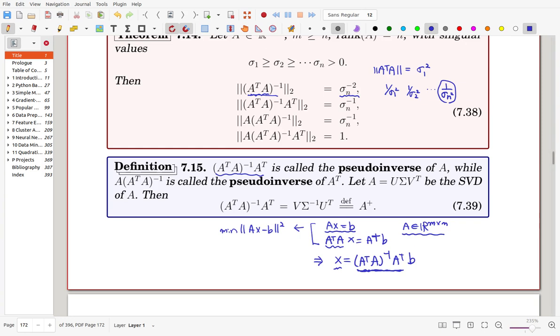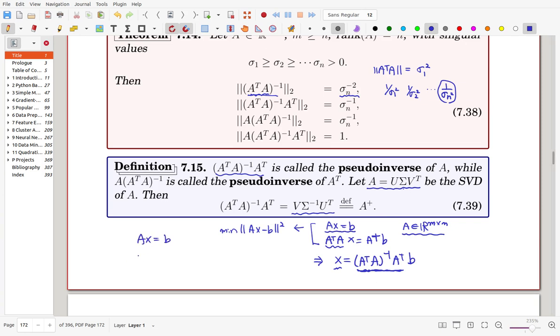Now, if A is given in this way from the singular value decomposition, then we put it into A transpose A inverse A transpose, and then you can reach that one. So start with Ax equals b.